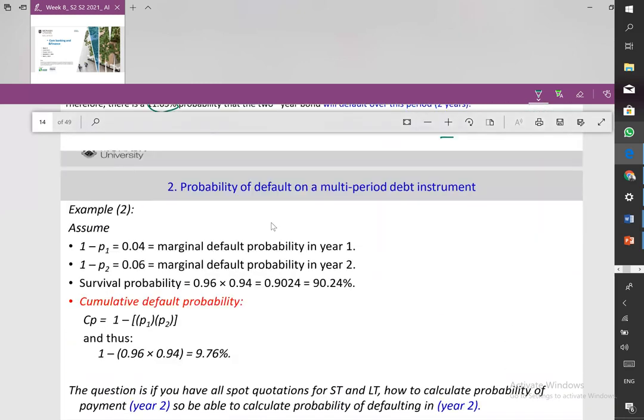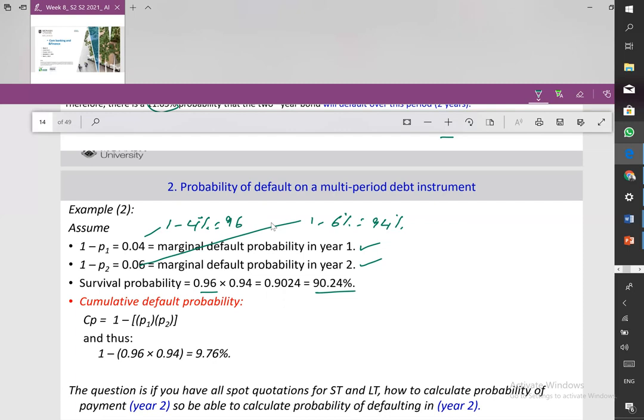Now, let's take another example. If the probability of defaulting for year 1 is 4% and the probability of defaulting for year 2 is 2%, and I ask you to calculate the survival probability, which is the probability of payments over the 2 years, you will say it's 96% for the first year, which is 1 minus the 4%, and for the second year 1 minus the 2%, which is 98%.